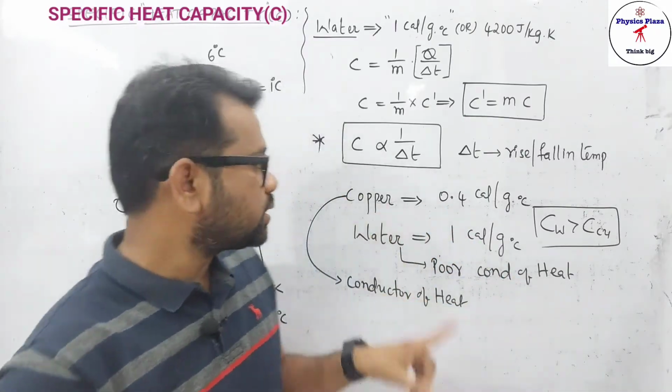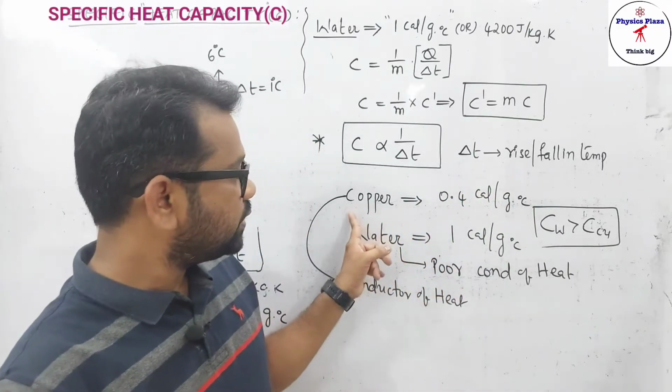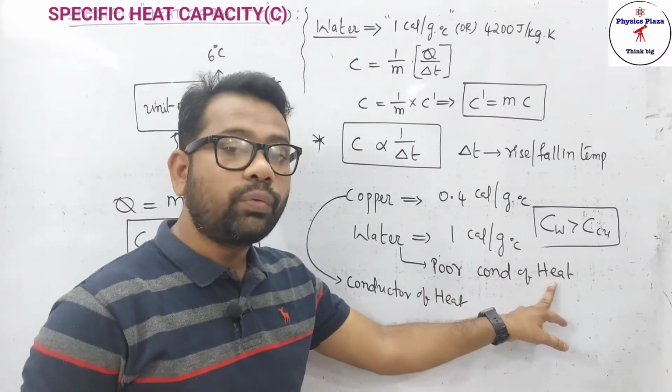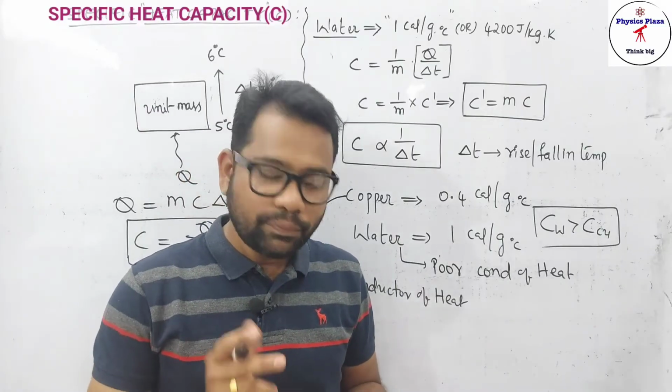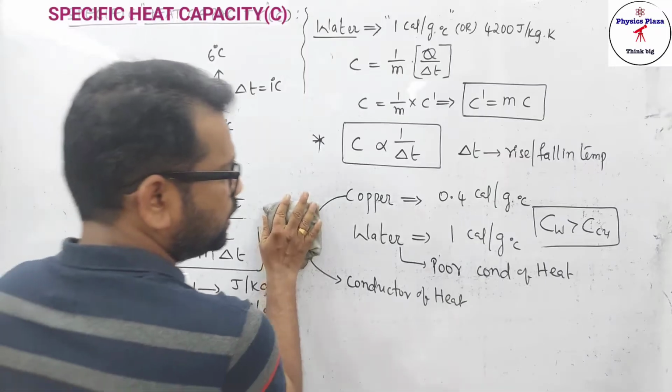Whereas the best conductors will have low specific capacity, and the poor conductor of heat will have more specific capacity. Clear? Fine. Now let us see, children, the application part.